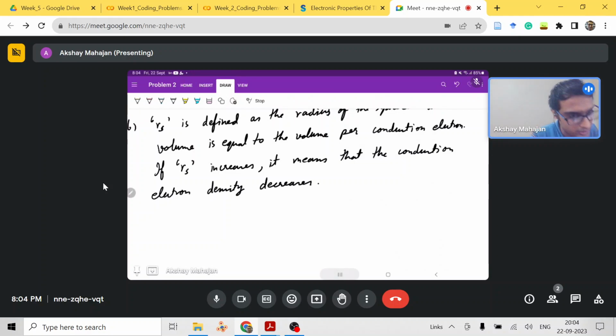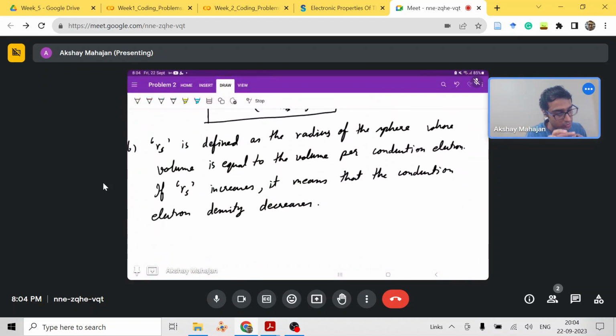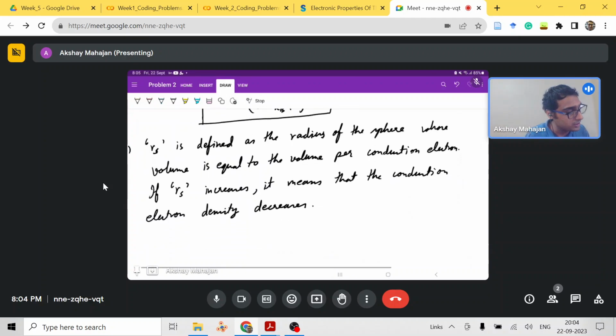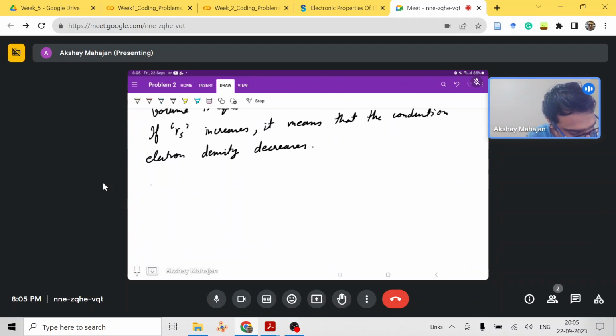We know this earlier as well, it is inversely proportional to the electron density. We are also saying that rs is defined as the radius of the sphere whose volume is equal to the volume per conduction electron. And if rs is increasing, because rs must be much larger than this minimum value, then it means that the conduction electron density is decreasing.